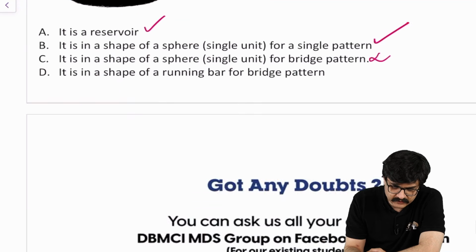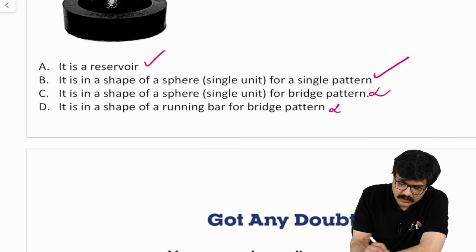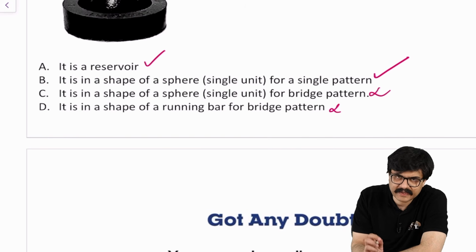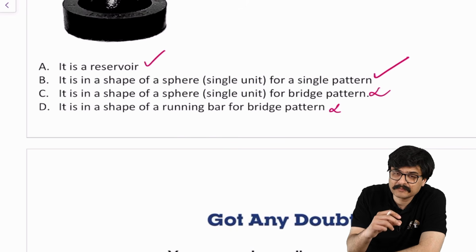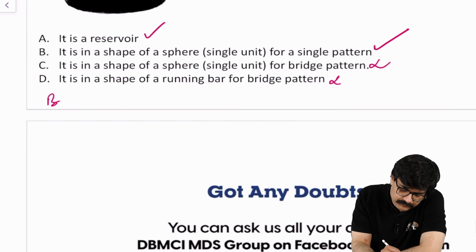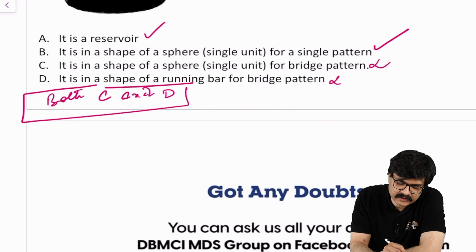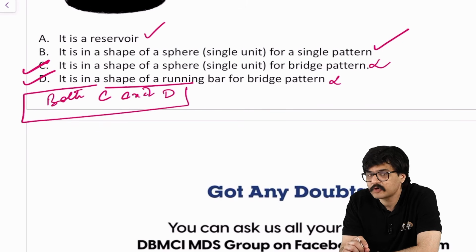So I think here there is a slight typo, the question is incomplete. Basically this is a multiple correct answer type of question. So both C and D are the answers, guys, because both are false statements.